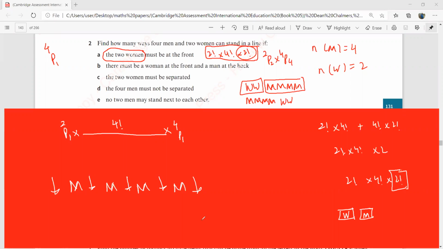If you put the women in any of these spaces, they will never be able to be together. We have already discussed this in one of our classes as well. So how many spaces are available for these two women? 5. So this would be 5p2, times 4 factorial.